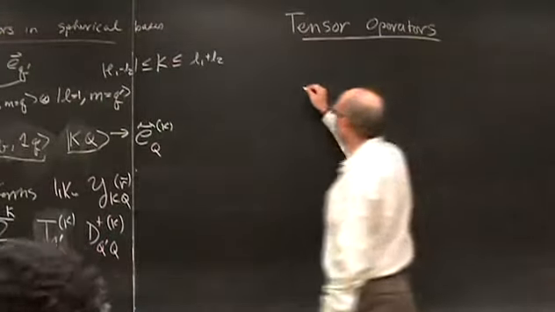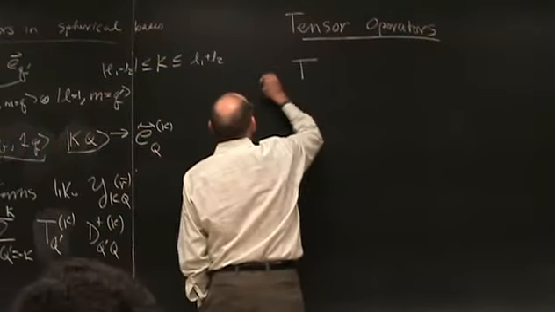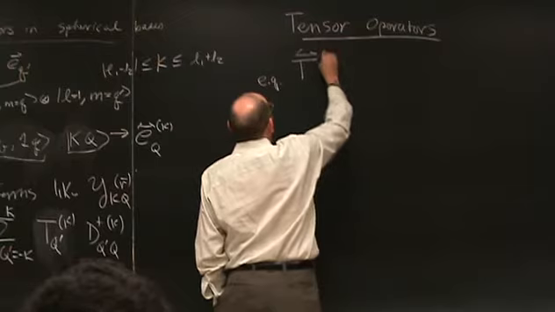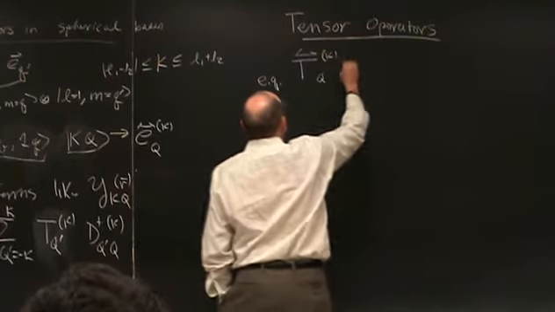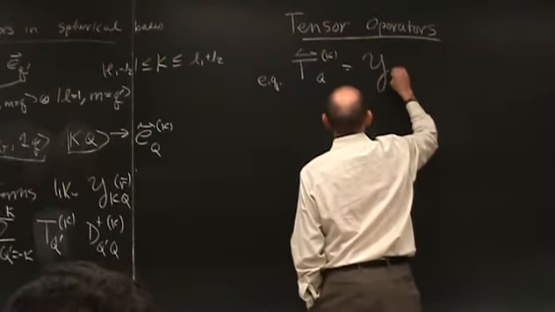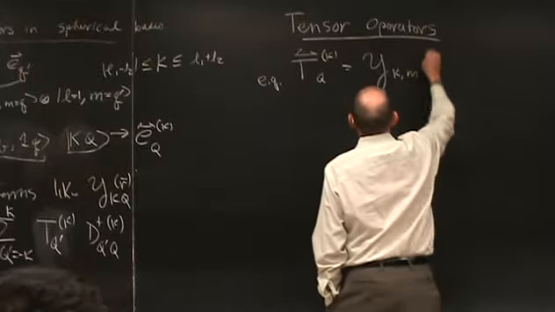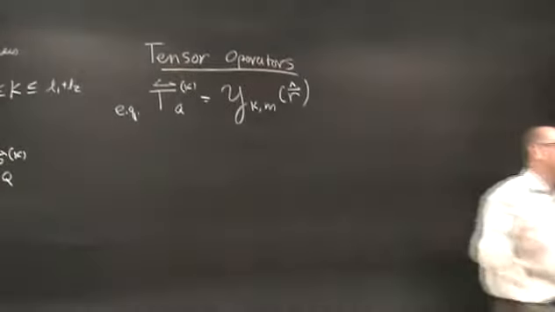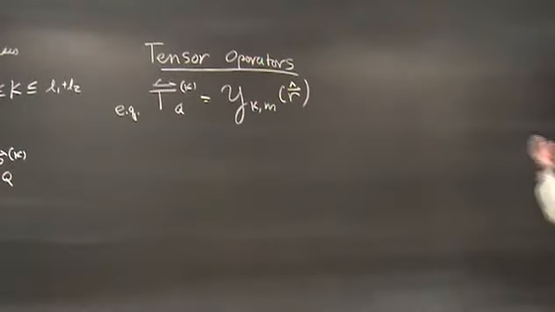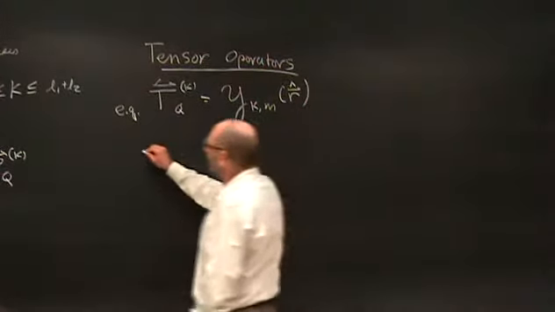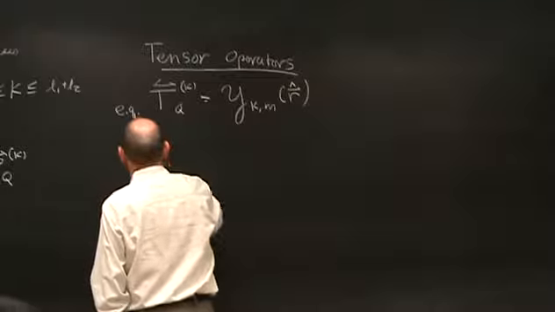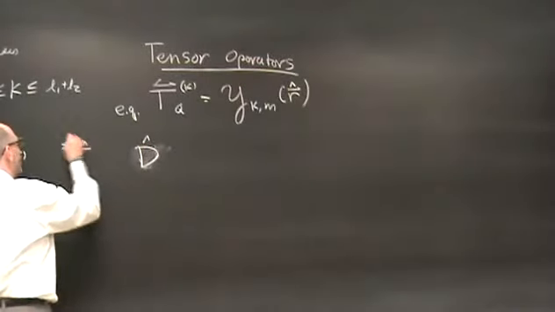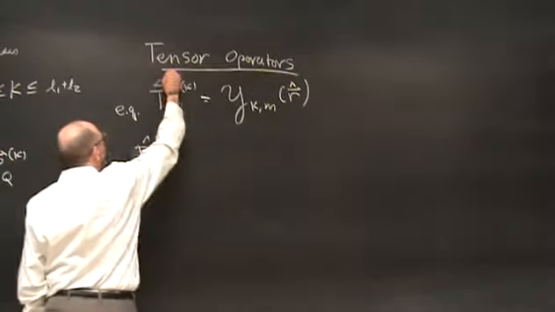So I could define, for example, a tensor operator where I took this function and substituted a position operator in there. And that transforms according to, if I look at the components of the tensor operator, rotated, so these are the rotated components.